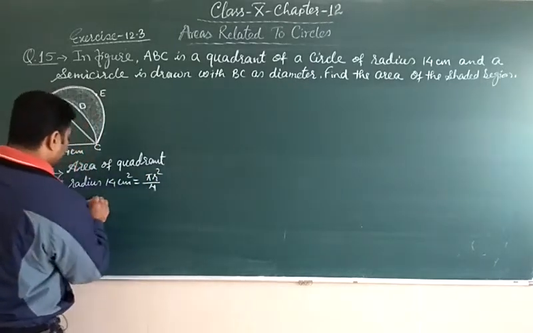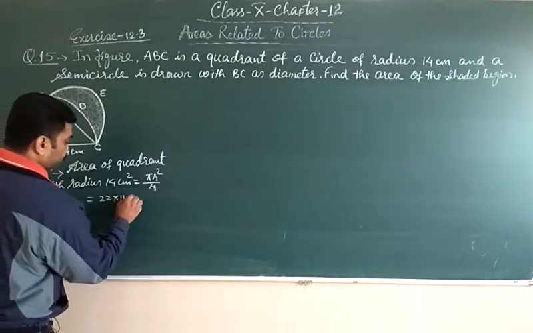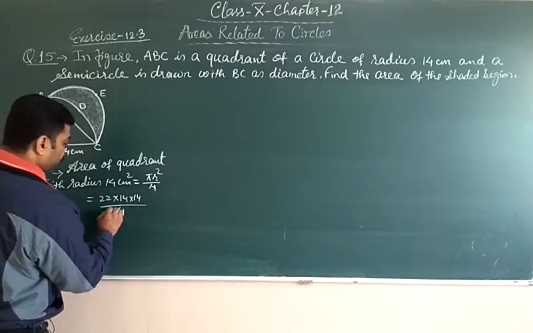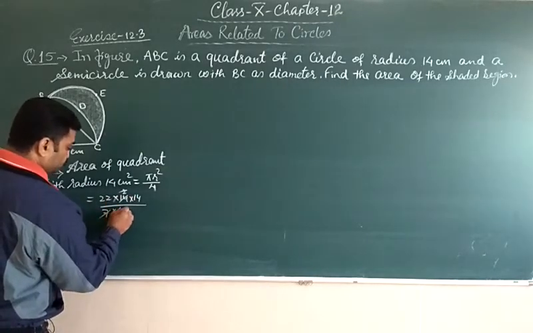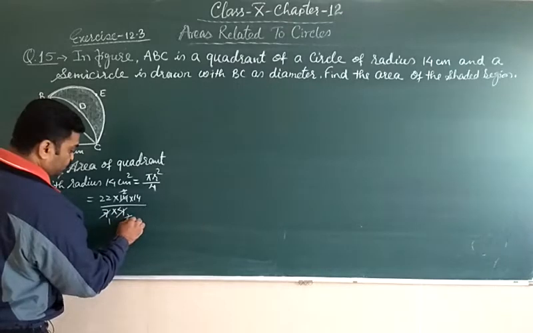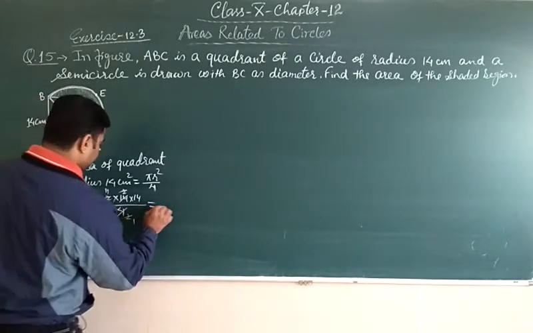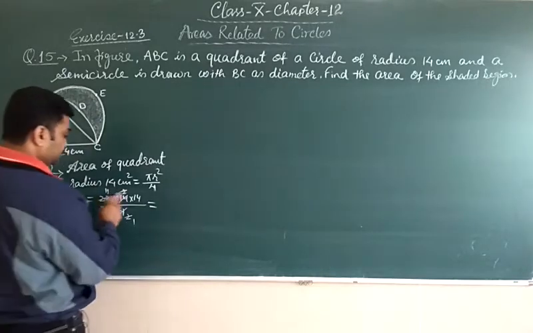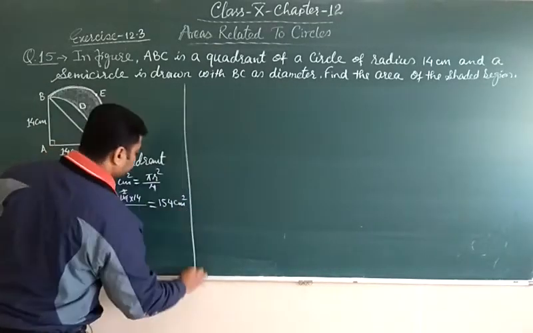Pi r square, that is 22 upon 7 into r square, r is 14, into 14 upon 4. 7 2s are 14, 2 2s are 4, 2 11s are 22. That means the area of the quadrant is 154 centimeter square.